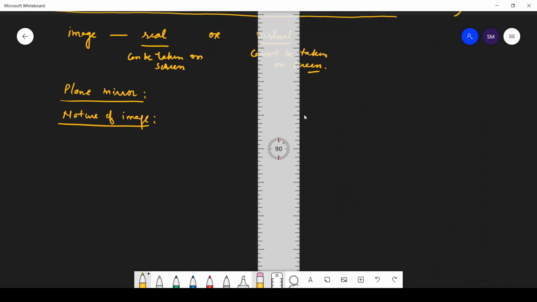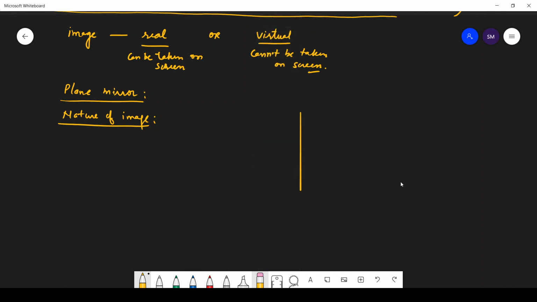So let me do it. It's taking so much time. So this is exactly the straight line, and this mirror is polished on one side. This is exactly what the plane mirror is, and I have an object over here.